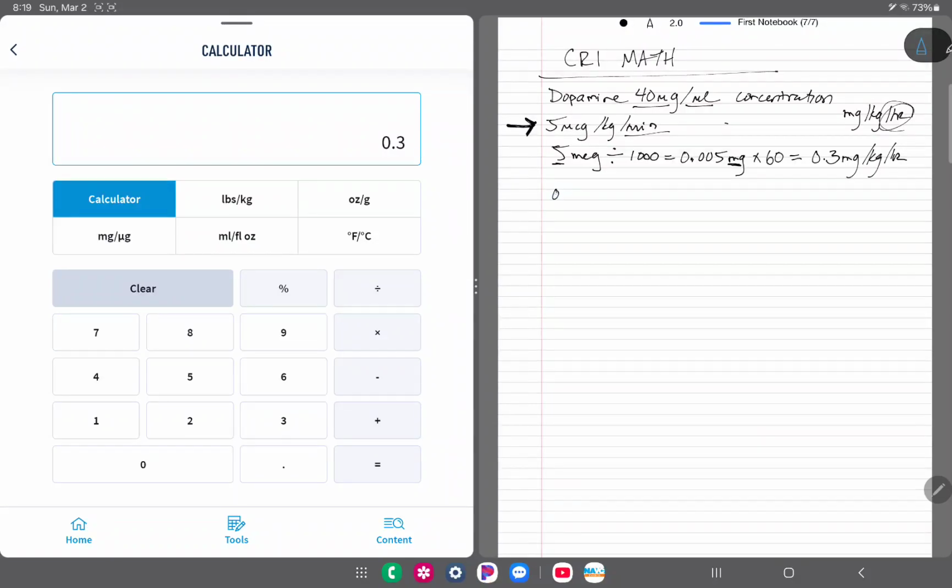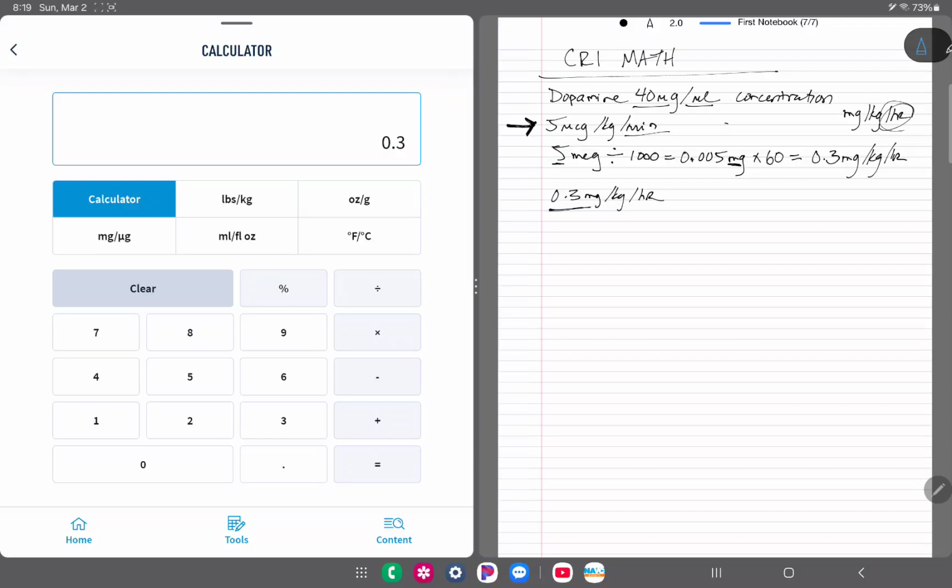Now we take that 0.3, oh gosh, hang on. Have to have better handwriting. Now, if we want this for anyone and everyone, and it can be because this is a nice low dose, we're starting out at a nice low rate.